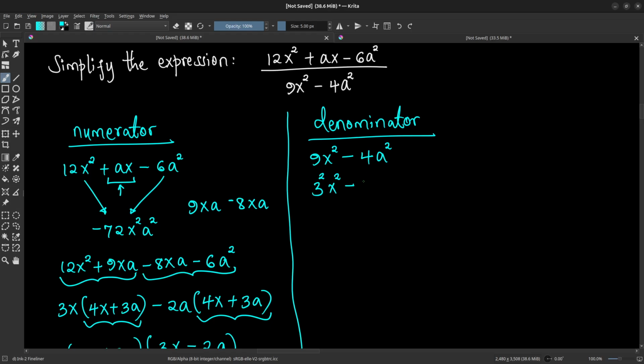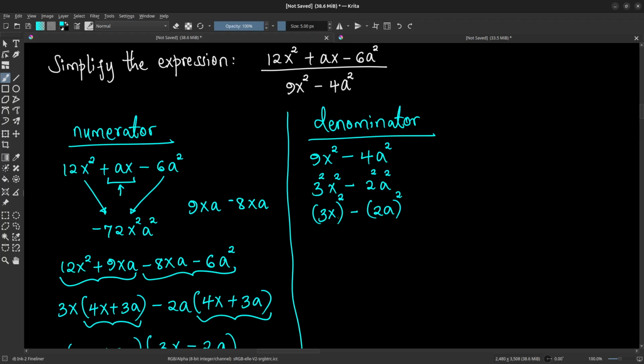Minus 4 can be rewritten as 2 squared, and we still have the a squared. 3 squared times x squared is the same as taking 3 times x, getting 3x, and raising that to the power of 2. And we do the same for this other one. 2 squared times a squared is the same as taking 2 times a to get 2a and raising that to the power of 2.